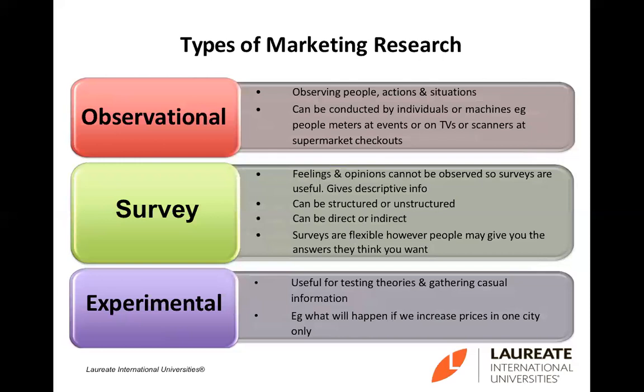Or if you manage a chain of restaurants, you can also do that kind of testing. You launch a new menu in a couple of outlets and not in the other restaurants, and see how your sales go, for instance. So that's basically the types of marketing research.